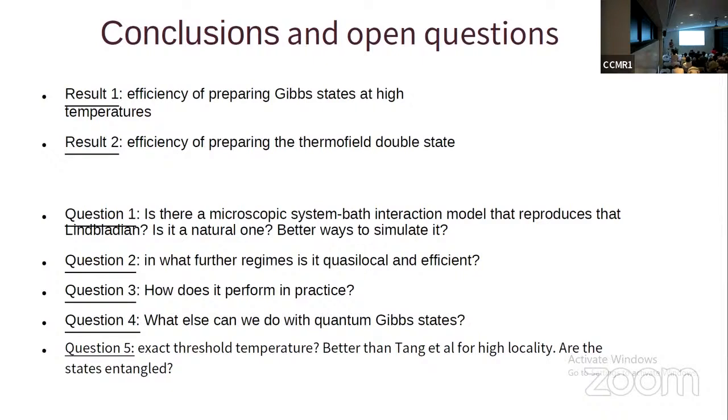Another question is that our argument works by perturbing around the maximally mixed state, and we use the fact that there it's really easy to get a handle on what's going on, and that these evolutions are quasi-local and have other nice properties.